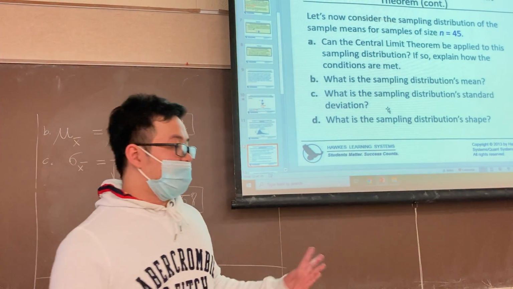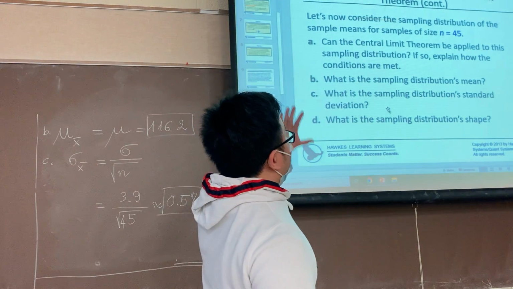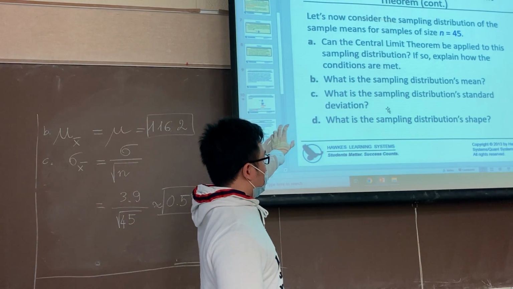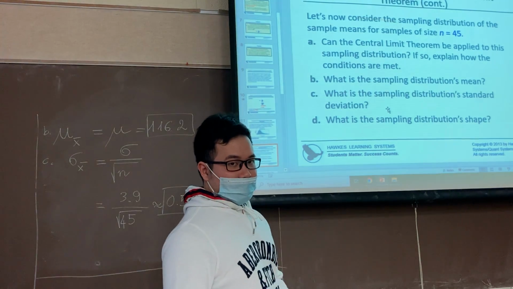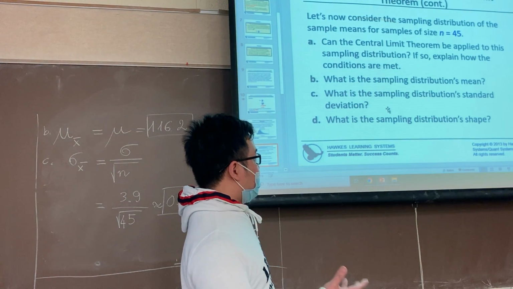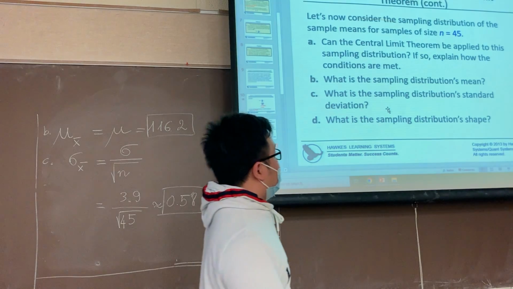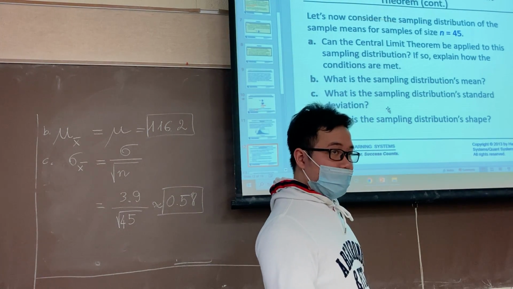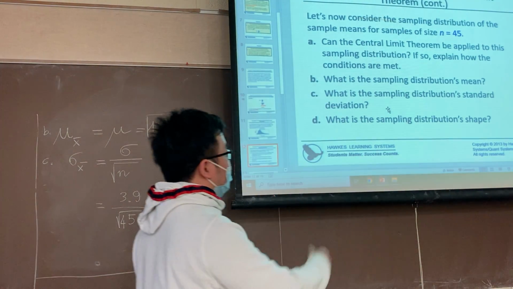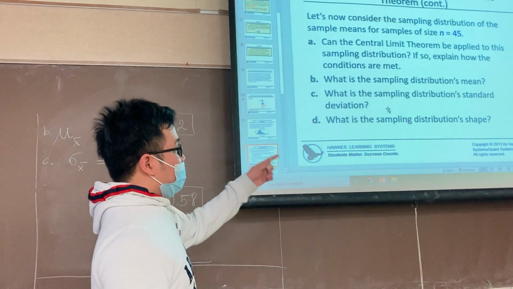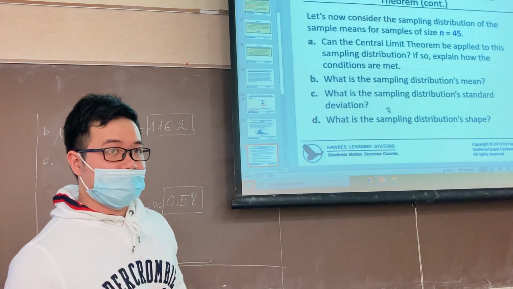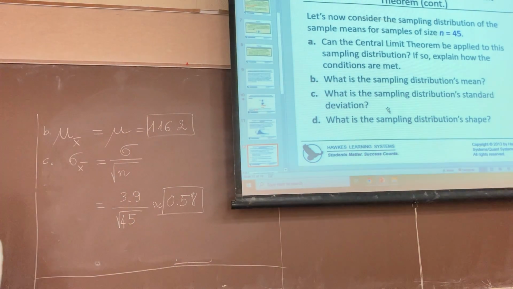So we apply statement 3 of the central limit theorem, which says that the shape of the sampling distribution is bell-shaped, a normal distribution. It's a bell-shaped distribution because of the central limit theorem. Any questions so far about this?